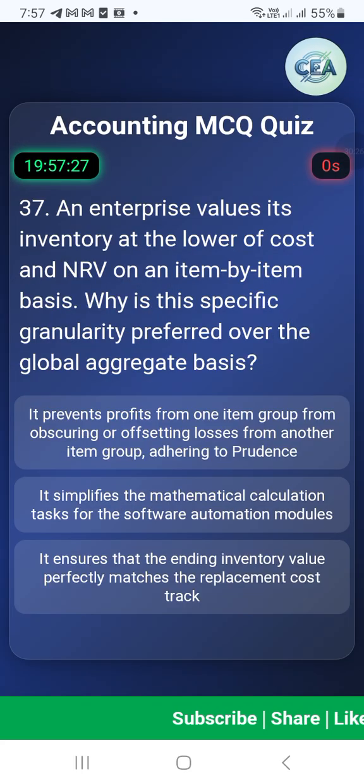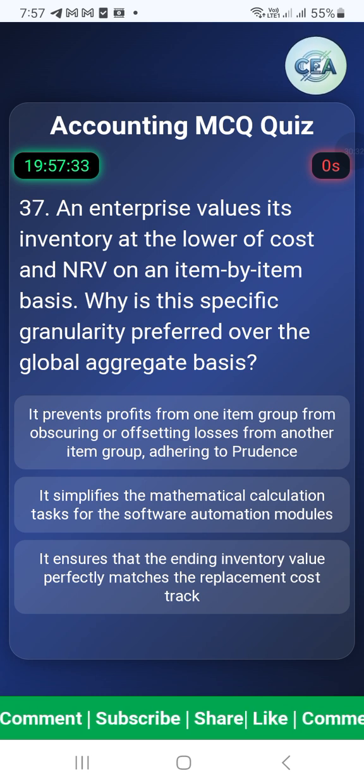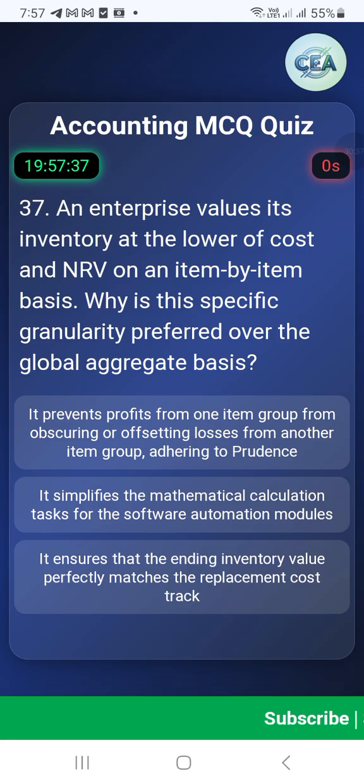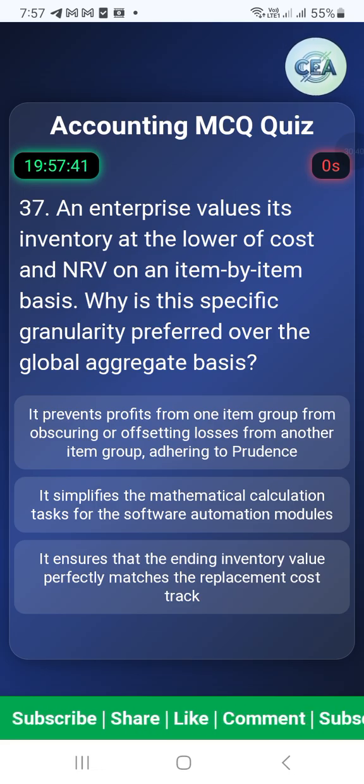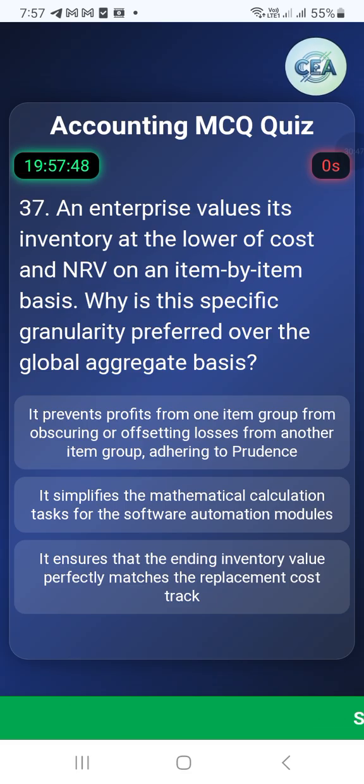37. An enterprise values its inventory at the lower of cost and NRV on an item-by-item basis. Why is this specific granularity preferred over the global aggregate basis? Option 1. It prevents profits from one item group from obscuring or offsetting losses from another item group, adhering to prudence. Option 2.